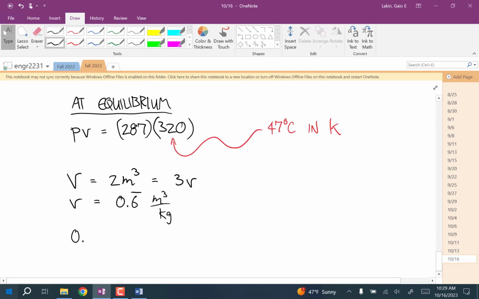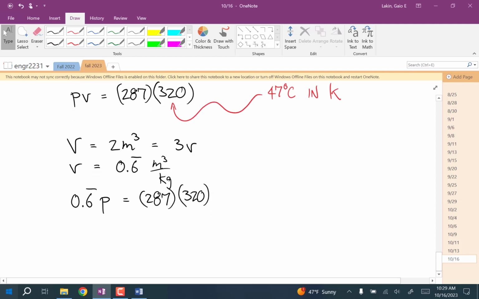And so 0.6 repeating times the pressure is equal to 287 times 320. And so the final pressure is 1.38 bar.